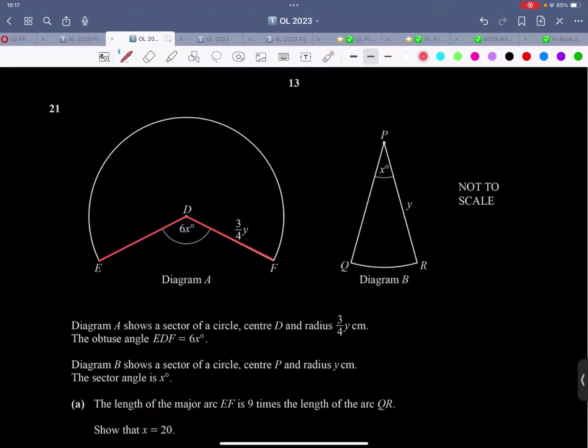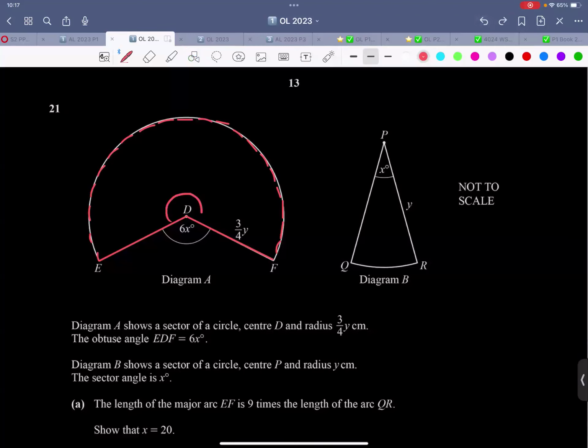That means if they are talking about the major arc, we are interested in this thing. This is the major arc. That means we are talking about this angle right over here, and that is how much? Let me remove this thing.